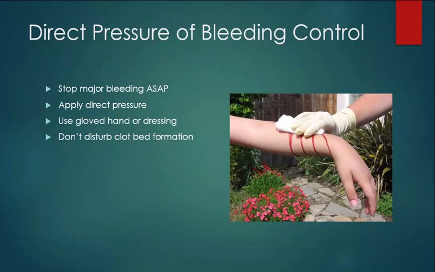Now remember, platelets are what stick together to form a clot. And when you have several clots begin to stick to each other, now what happens is you have a clot bed.